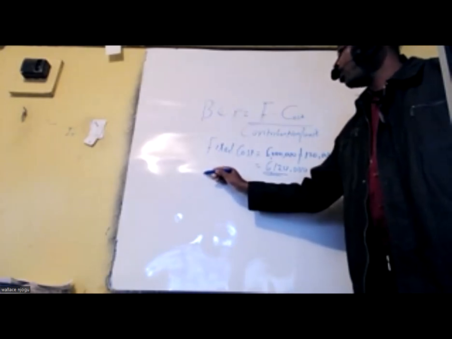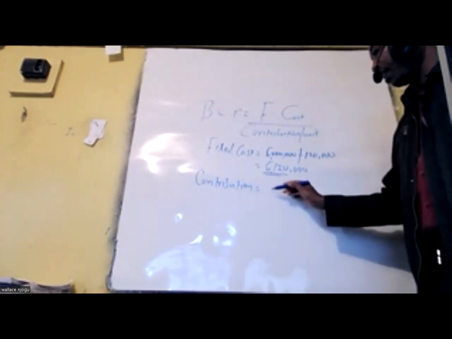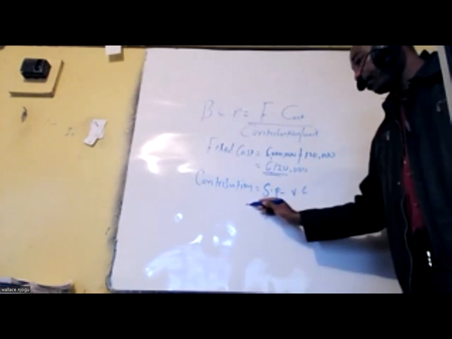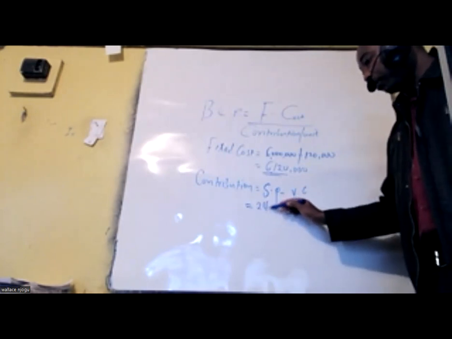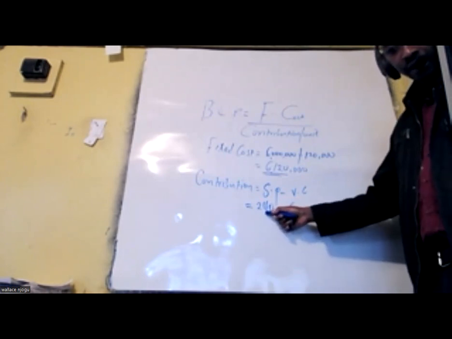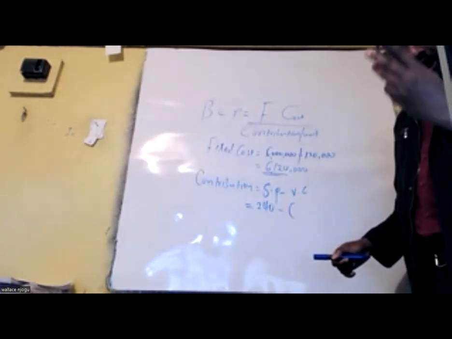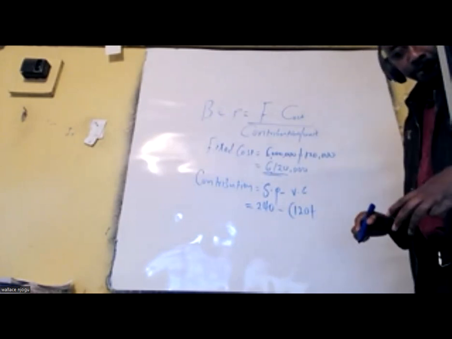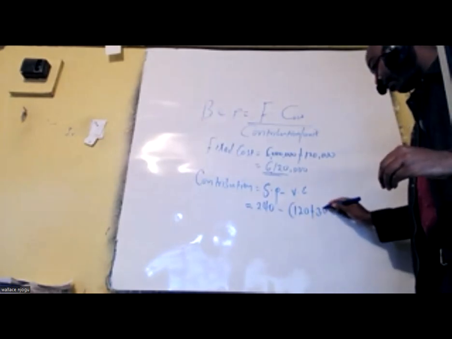We go to contribution. Contribution, as we have just said, it is the selling price minus variable cost. In our case, the selling price is 240 shillings. And then the variable cost. Variable cost tuko na variable manufacturing cost ya 120. Alafu tuko na variable selling cost ya 30 shillings.